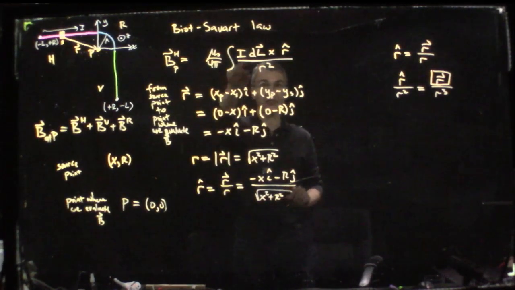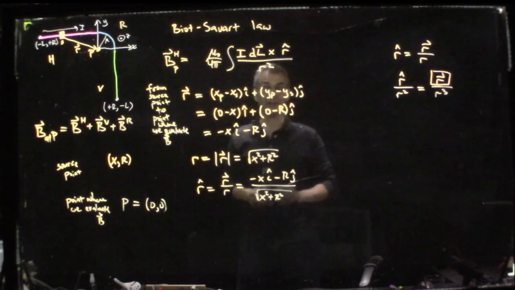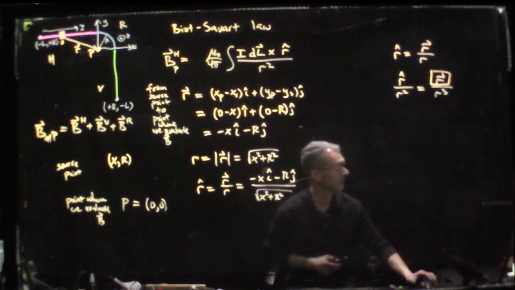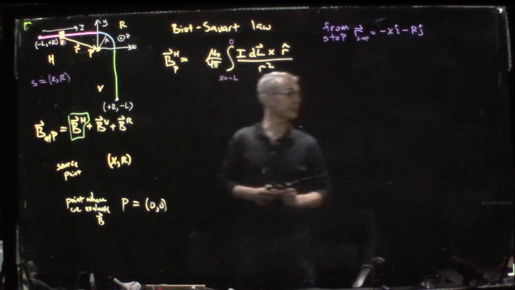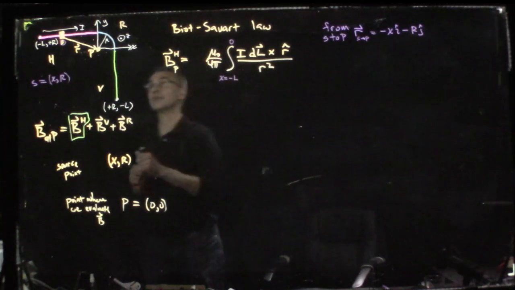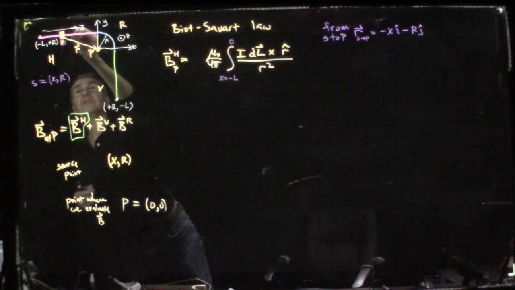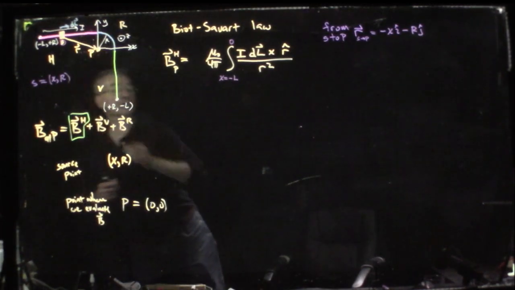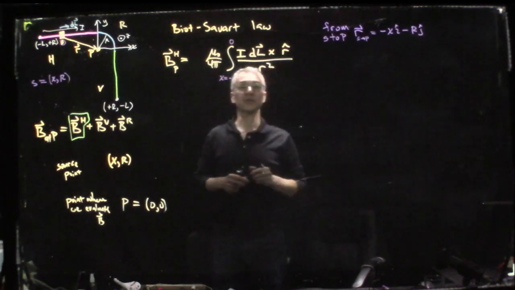Meanwhile, let's step back and say, what is this first factor here, I dl, and then we can also think about the cross product. So let's figure out this vector dl. So I is just the current. So here is dl. You see dl is going along the direction of the current.